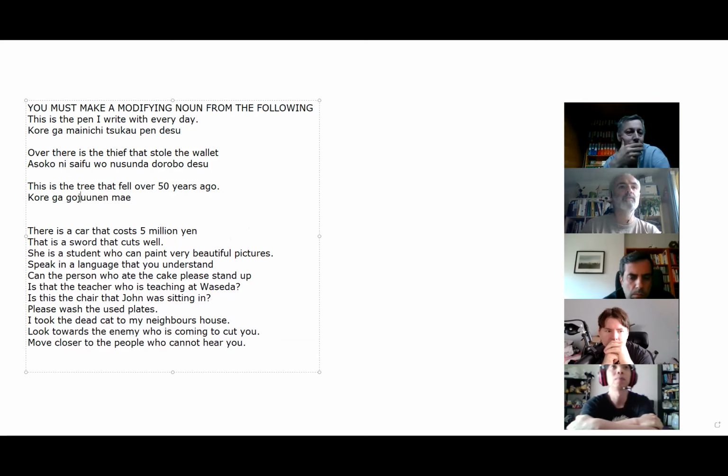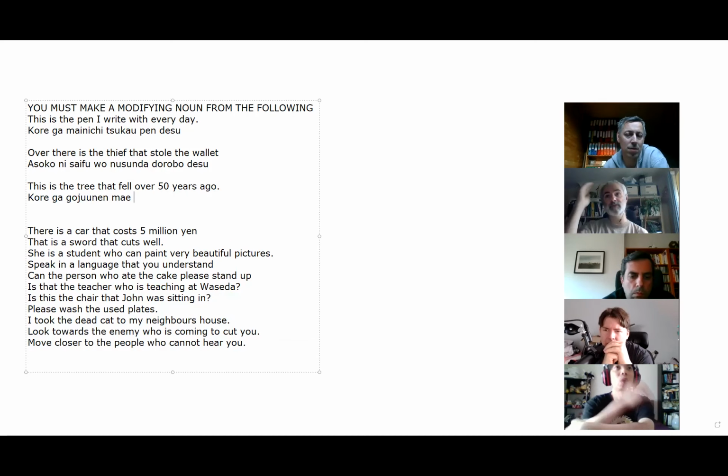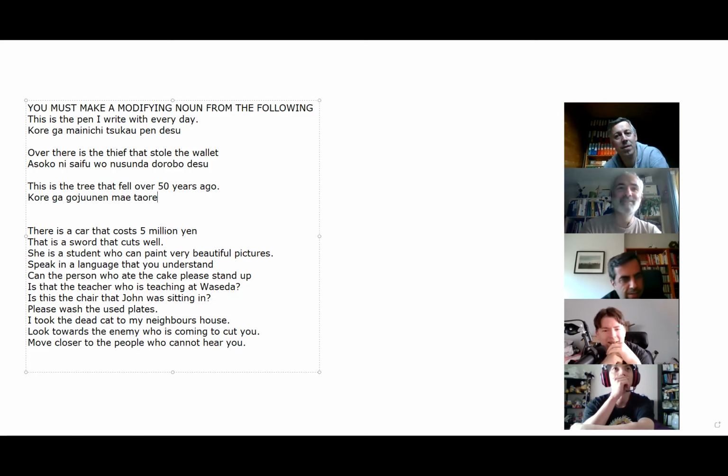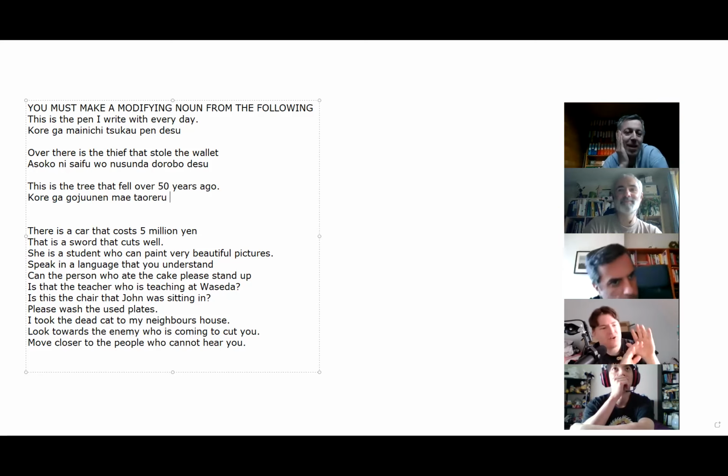There we go. To fall over like this. Taosu? Not taosu. This means to knock over yourself, so for intransitive, this is. Taoru. Nearly. Taoru means towel, which is the mistake I made for years. It's taoreru. Yes, I toweled the tree dry.